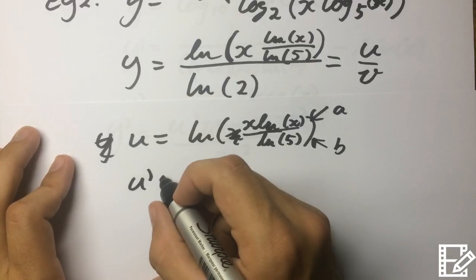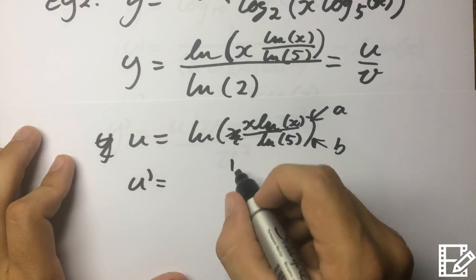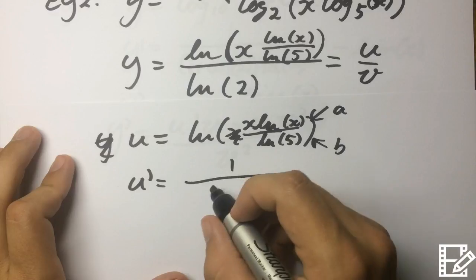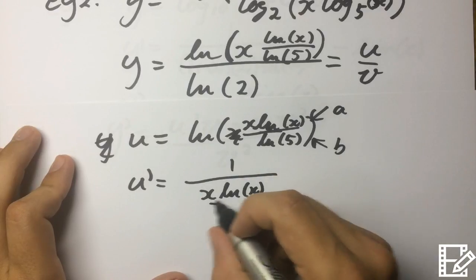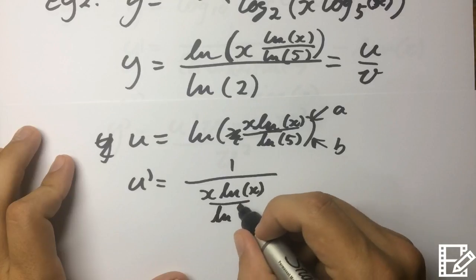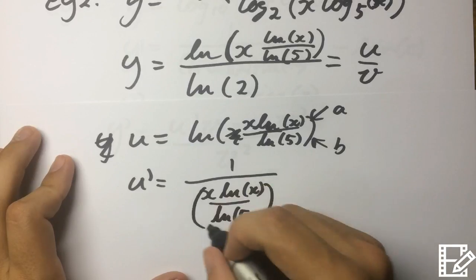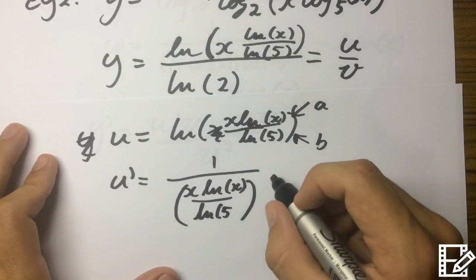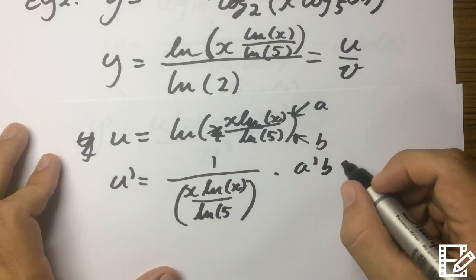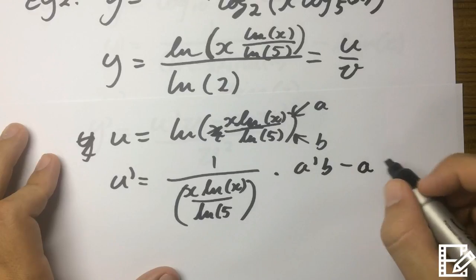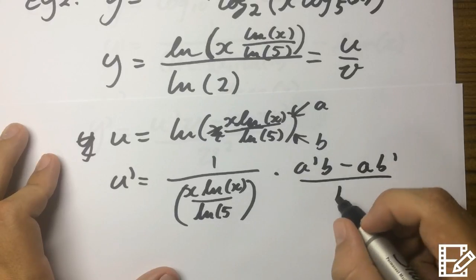Therefore, the derivative will be 1 over x ln x over ln 5, and we're going to multiply that by a dash b minus a b dash over b squared.